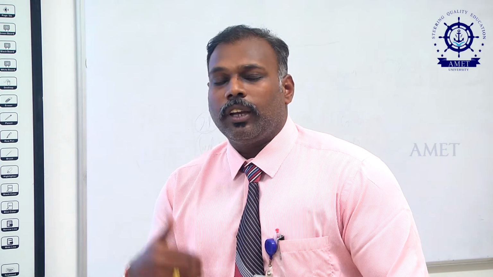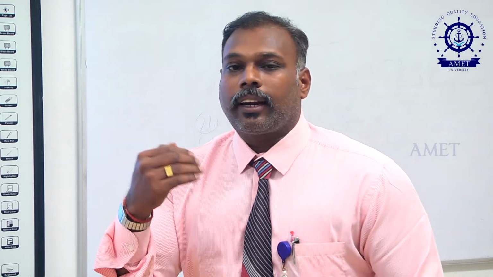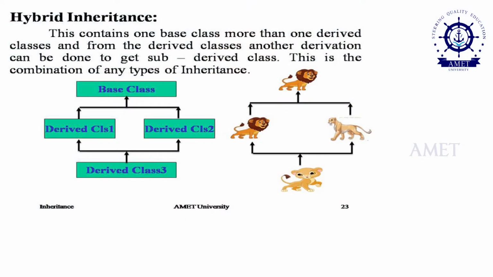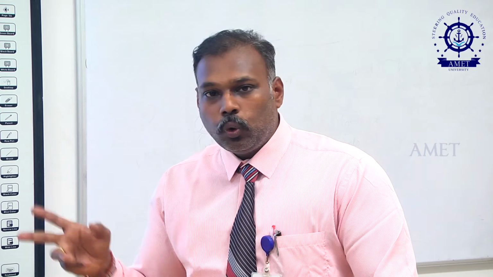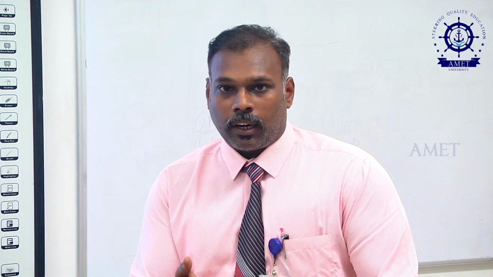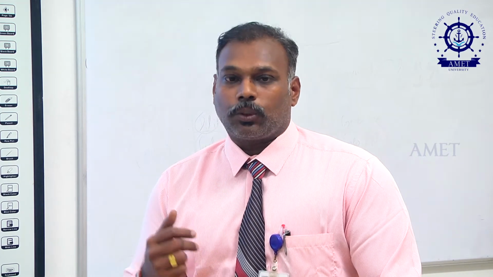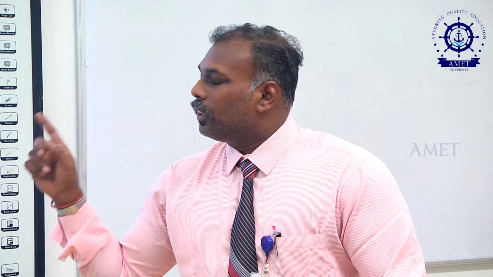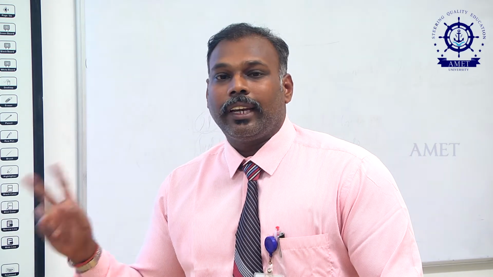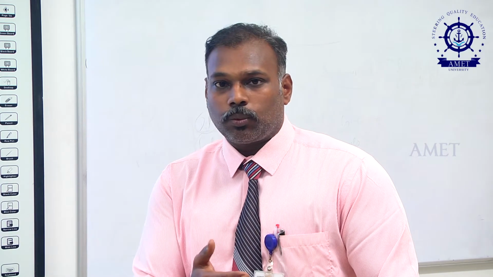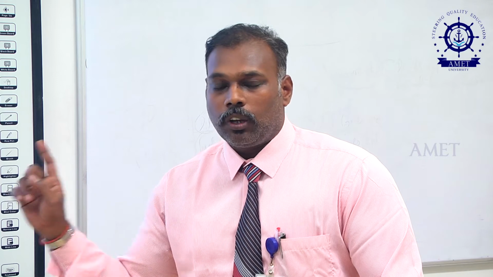Because we are going to access the base class functionalities and inherit the properties. For that we create two objects, for derived class 1 and derived class 2 as well. Most students make mistakes here, so make a note of it and be clear.